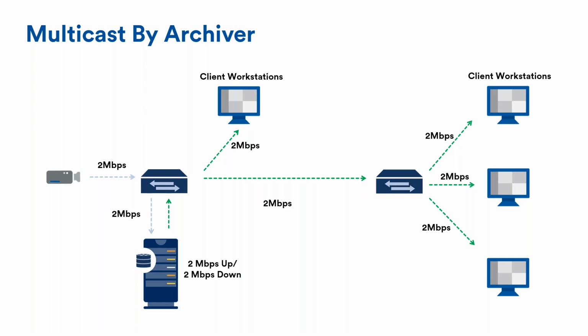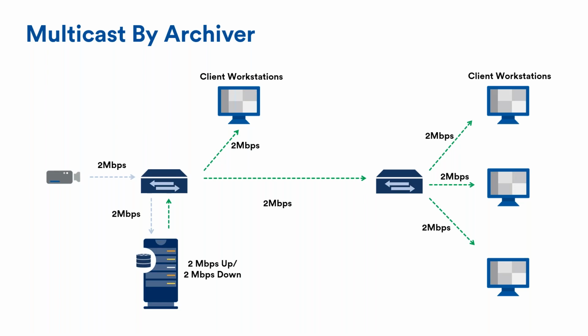So IGMP snooping and querying has to be supported on the hardware. And then somebody has to be capable of configuring that on the network. In a Security Center system, it's as simple as setting a switch to say, I want video to stream in multicast, but there's a lot that has to be done on the back end to get that to work properly.